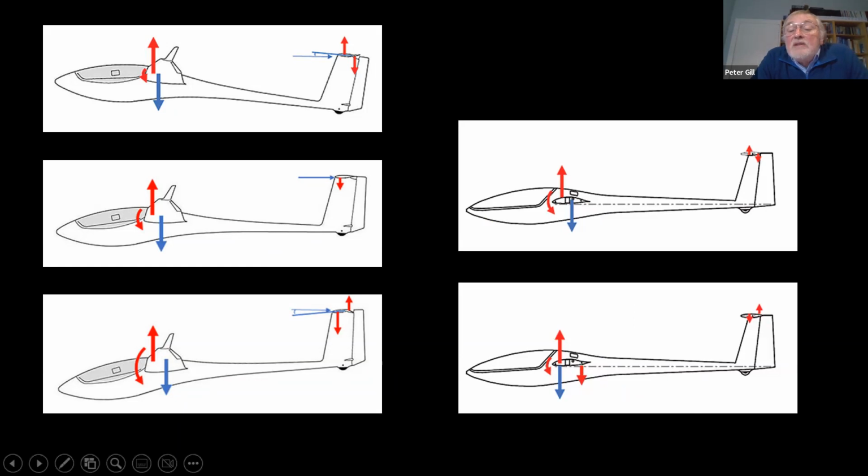And this is where flapped gliders at the best lift over drag speed are reasonably efficient. Unflapped gliders are, sorry, but at speeds above and below that, the flapped glider will win out. And you can see this, they work better in thermals, and certainly as the speeds increase, the flapped glider has the advantages. The disadvantage, of course, being it's more complicated. All happy about that? Good.